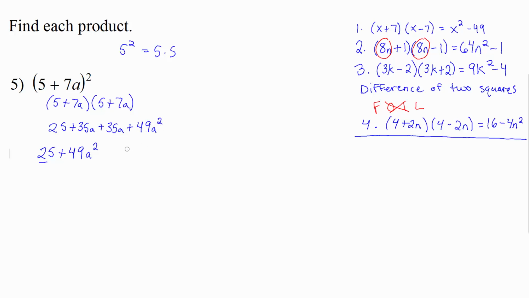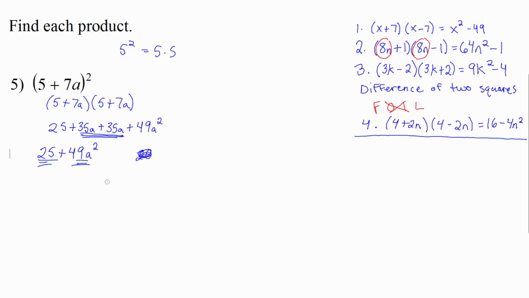So what's happening here, we've got two parts. We were able, if we guessed this, we were able to guess pretty well. But the middle terms here do not cancel each other out because they have the same sign. We do positive 35a plus 35a again. Together that makes 70a.